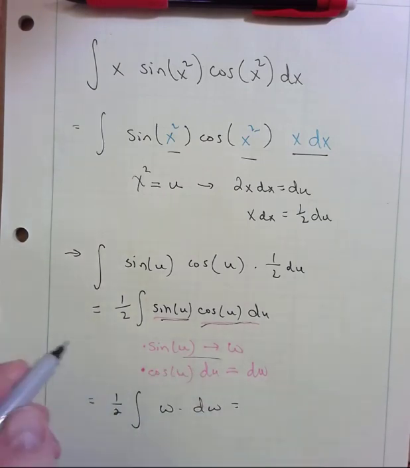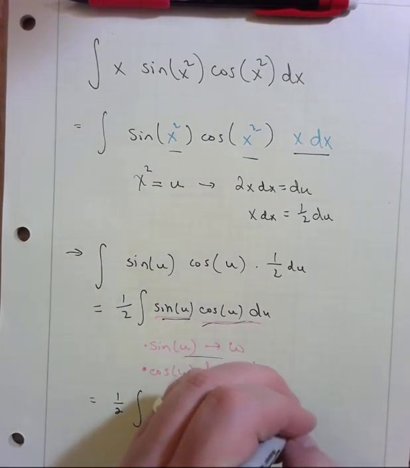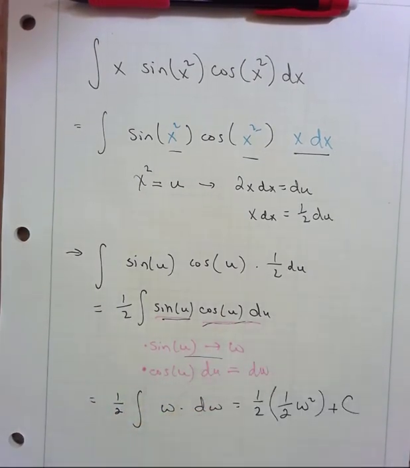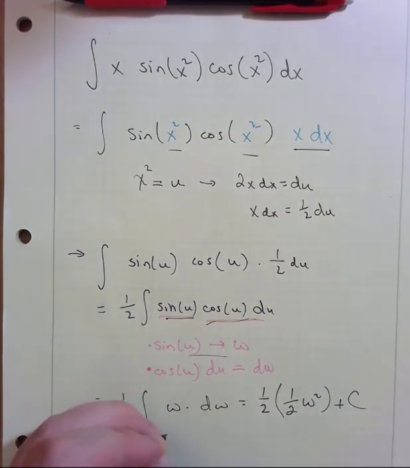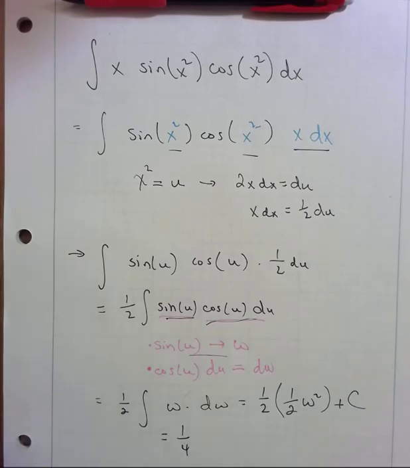And now we're ready to rock. This will be 1/2 times the antiderivative of w, which is 1/2 w squared. There's our plus c. We're almost out of space, but that's okay because we are almost done. That's going to be 1/4 w squared, which is 1/4 sine of u squared.